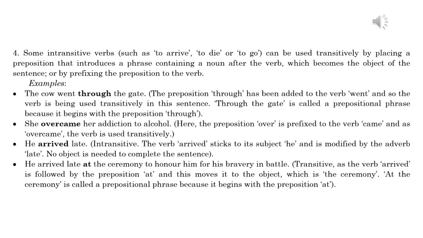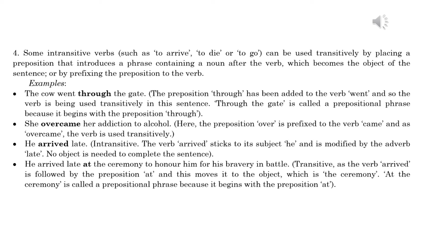Examples: The cow went through the gate. The preposition through has been added to the verb went, and so the verb is being used transitively in this sentence. Through the gate is called a prepositional phrase because it begins with the preposition through.